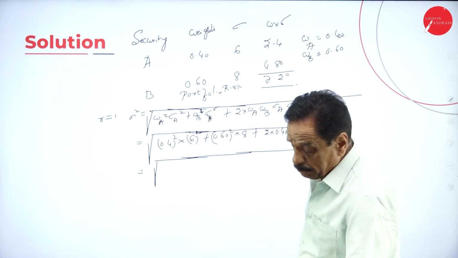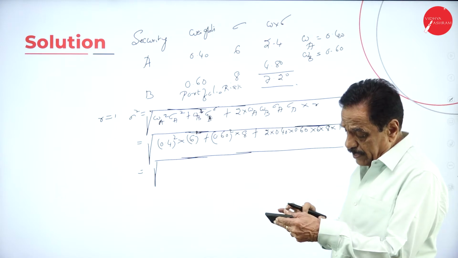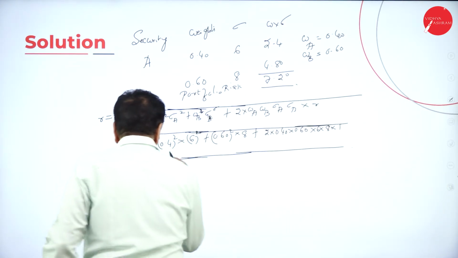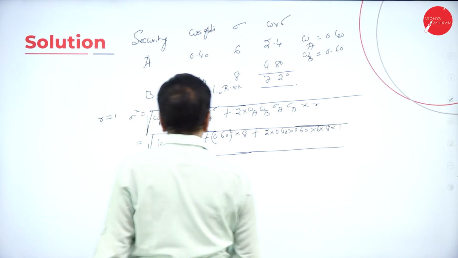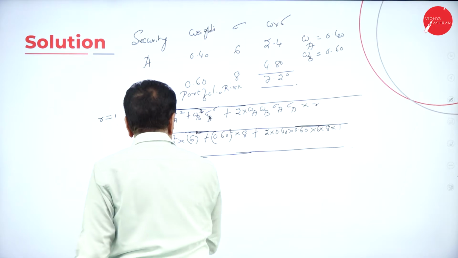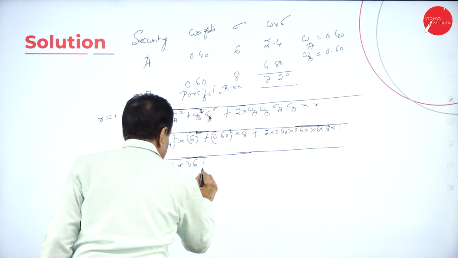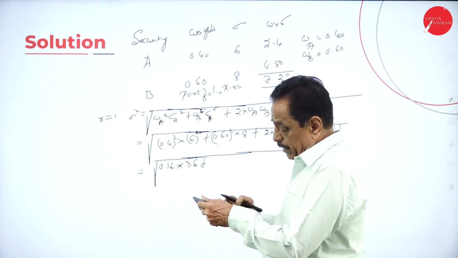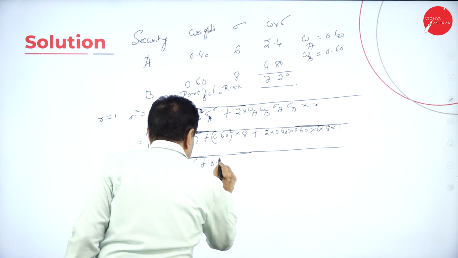This is 0.4 whole square, 0.4 into 0.4, 0.16 into 6 whole square is 36. 0.6 into 0.6 is 0.36.